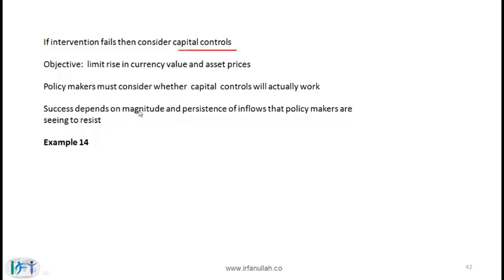So if the capital inflows have a very large magnitude or they are persistent over a relatively long period of time, then capital controls generally do not work. So with these core points, you now need to do example 14 from the curriculum.